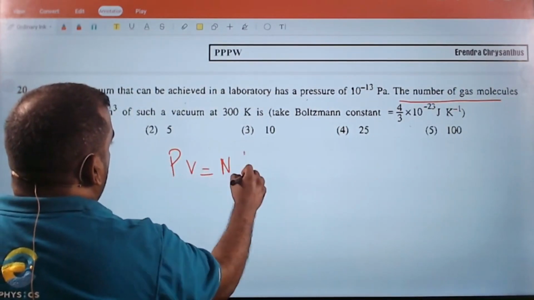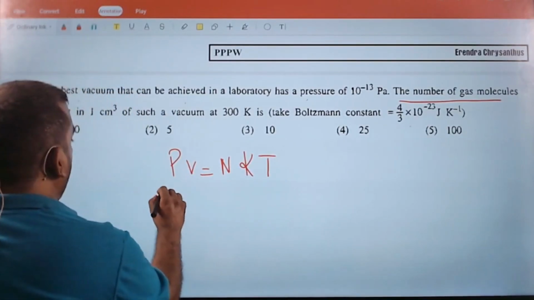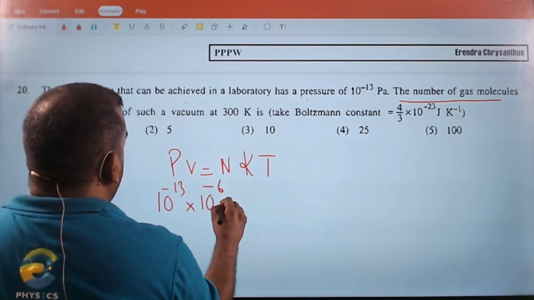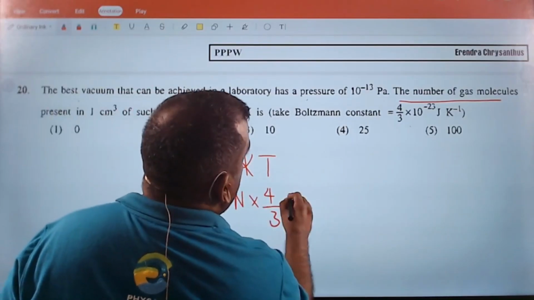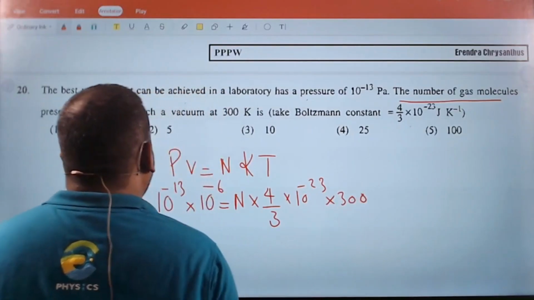So PV equals NkT. Pressure is 10 to the power minus 30, volume is 1 cubic centimeter, number of molecules we don't know. Divided by 4 over 3 times 10 to the power minus 23 into 300.